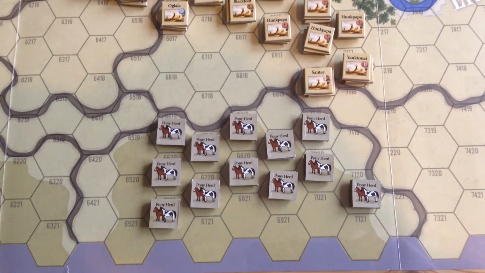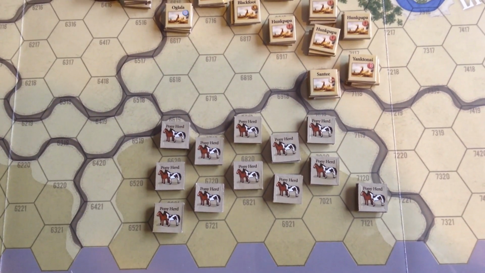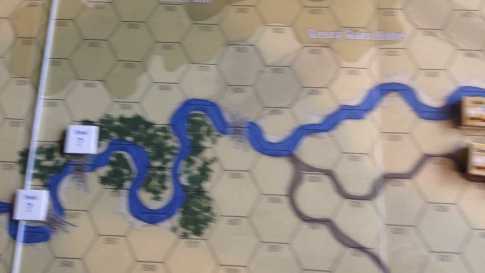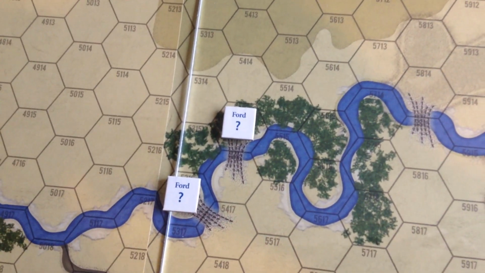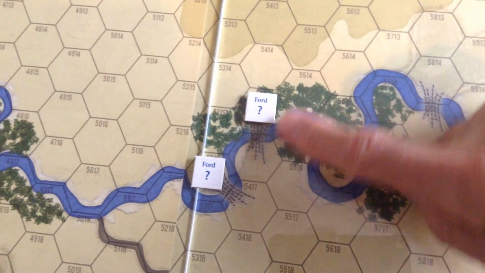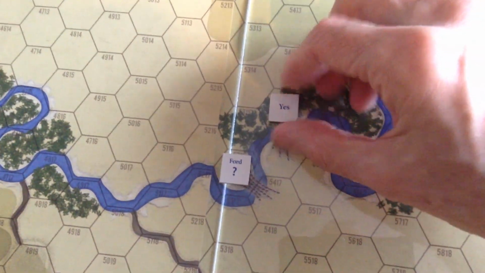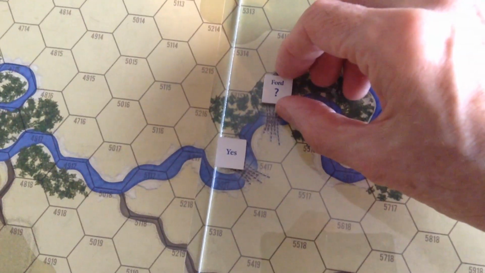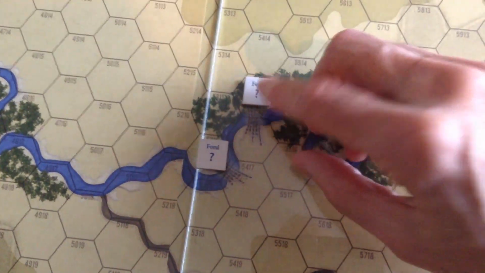And over to the west is the pony herds for the village. Also, the Indian player gets to pick 2 forward counters, and he places them like so with the question mark up, so Custer does not know which is the real forward. In this case, they're both forwards. Now I better check that myself. Maybe I'm missing a counter.